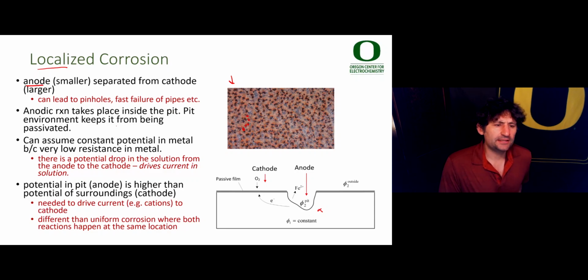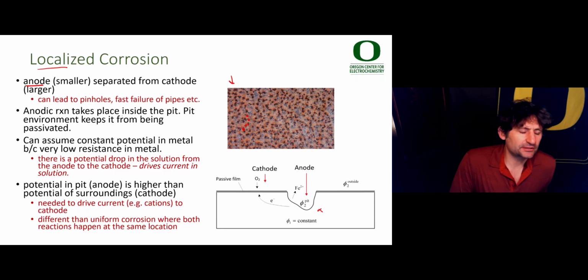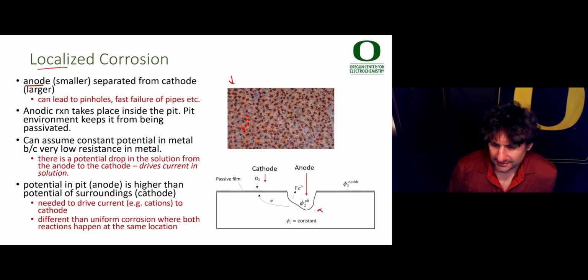So why do you get this pitting? We introduced this a little bit at the beginning of this lecture. It happens because the anodic reaction takes place inside the pit, and it's the environment in the pit which keeps it from being passivated. And so I'll have you think about that in class. But notice here there's a passive film out here, and there's no passive film here.